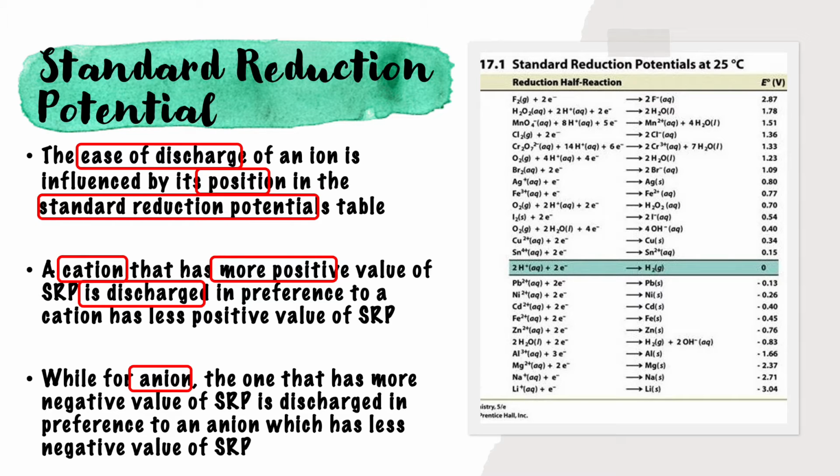While for an anion, the one that has a more negative value of SRP is more likely to be discharged over the anion which has a less negative value of SRP.